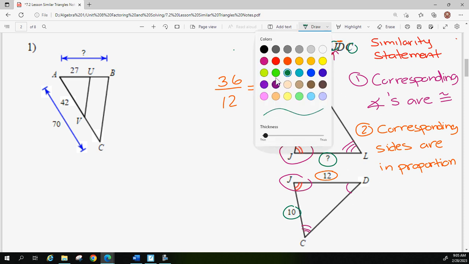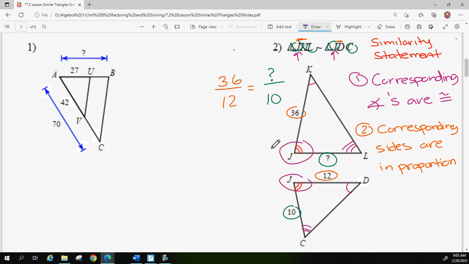And as you can see, hopefully, we have a proportion to solve like we have in the last couple lessons. And we can solve them the same way. Cross multiply 12 times question mark, 36 times 10. And then we can go ahead and divide both sides by 12 and get question mark to be 30.